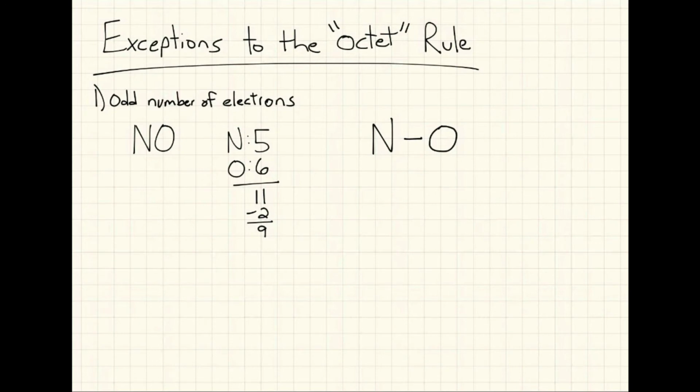Again, I don't know which is my outer or my central atom because it's kind of irrelevant, but I can place my 9 electrons. Typically, I'll place them like so: 1, 2, 3, 4, 5, 6, 7, 8, and then 9. Notice I've tried to make lone pairs in a way that is typical around these atoms because they're typical atoms in the second row of the periodic table.